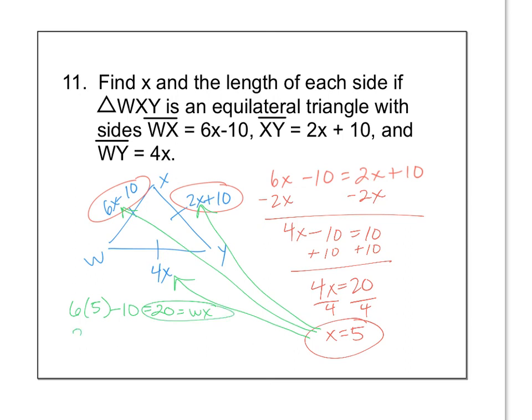And then we have 2 times 5 plus 10 is 20, and that is for XY. And then we have 4 times 5, which is 20, and that's for WY. So we got 20, 20, 20, which makes sense because it is supposed to be equilateral.